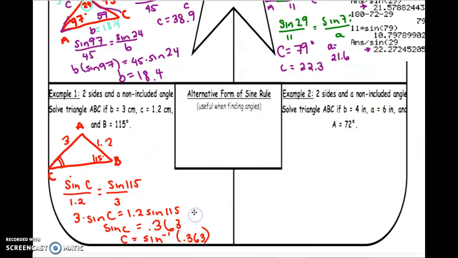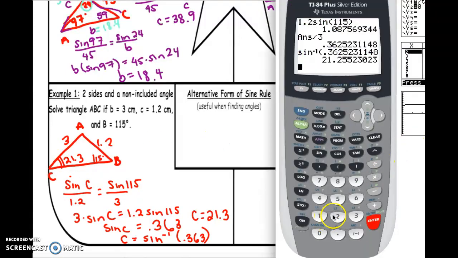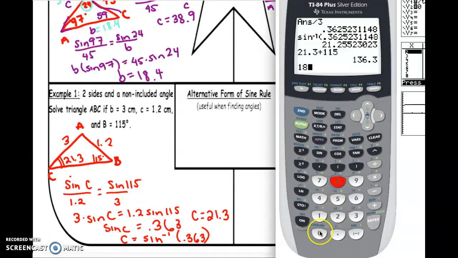21.3. All right. Now, once I know that, we can find angle A, right? Because if I know that this is 21.3, then it's easy to find angle A because I just have to say 21.3 plus 115, and we'll do 180 minus that.